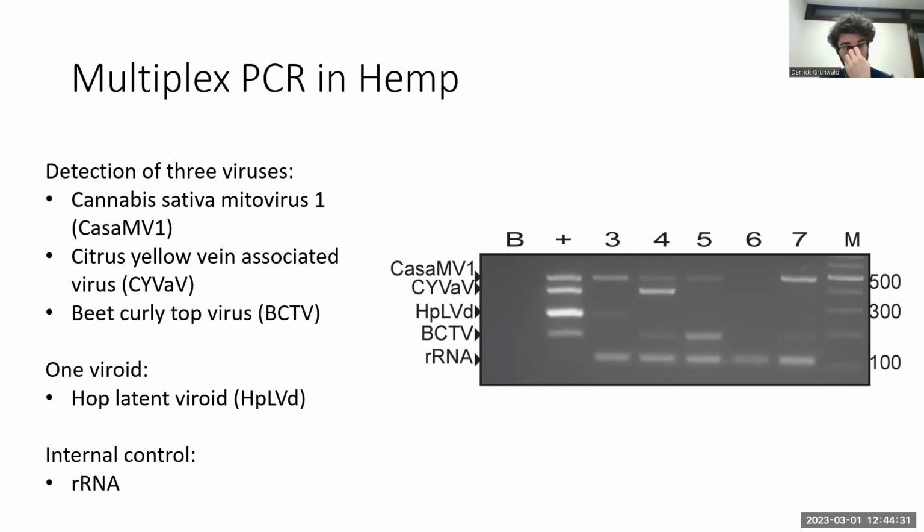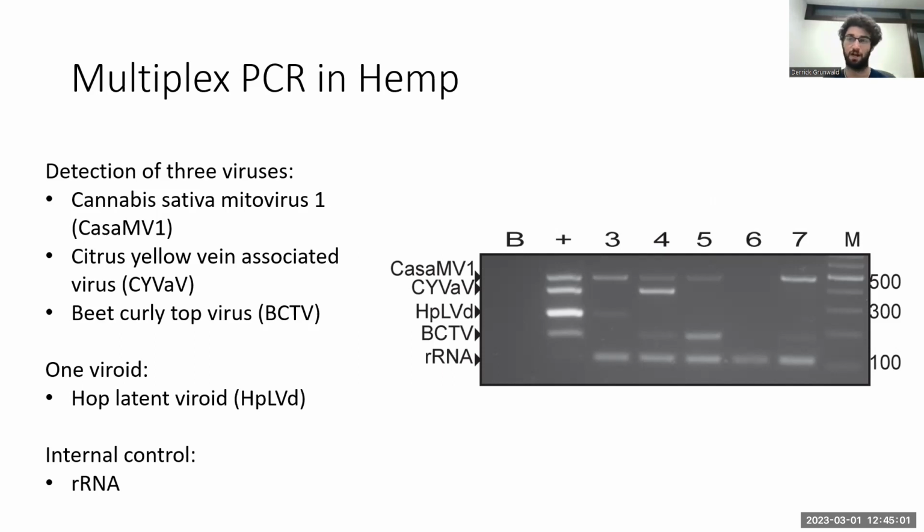I'm going to skip over the how we did it part. In general, when we were doing this multiplex PCR, we decided on detection of 3 viruses and a viroid. These include Cannabis sativa mitovirus 1, citrus yellow vein associated virus, beet curlytop virus, and hop latent viroid. We determined that we wanted to work with these, as previous research has shown these to be present in hemp in Wisconsin and Colorado production systems.